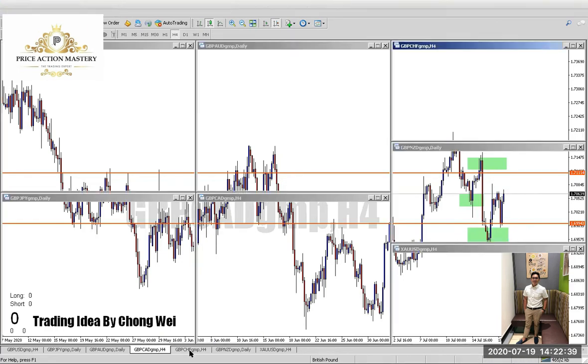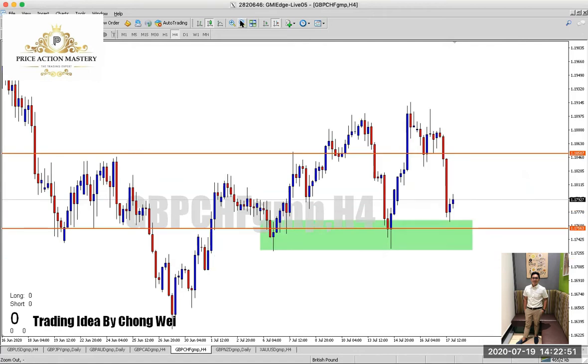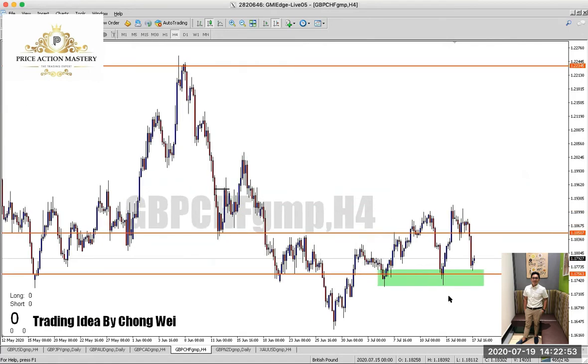The next will be GBP CHF. Yes, the market has already reached a very strong buyer zone. If you wanted to buy, yes, you can buy in this area, but we consider it high risk because the market wants to sell. It's an area for us to take a good counter-trend trade, against the trend. Buy is okay, but always manage your risk.